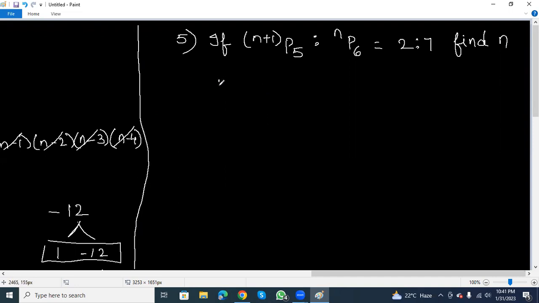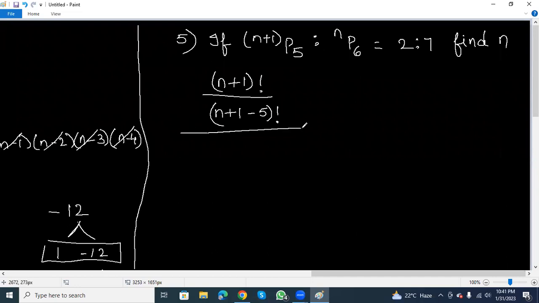So n plus 1 factorial divided by n plus 1 minus 5 factorial. This is for this one. Is to 2 means what? It's nothing but a fraction.